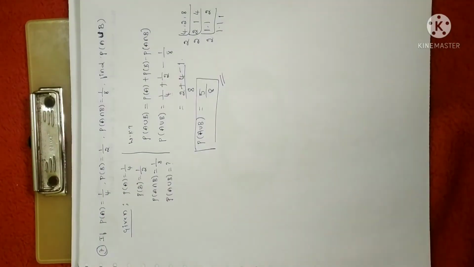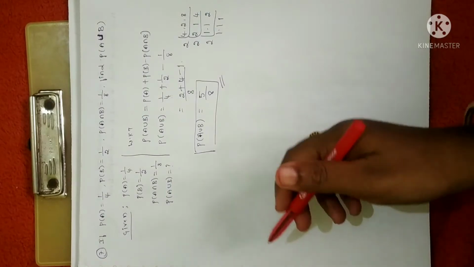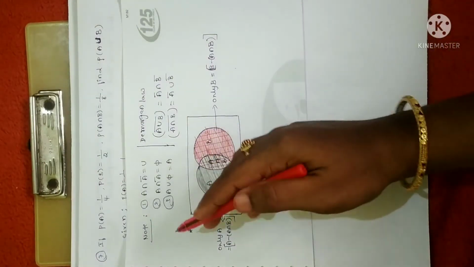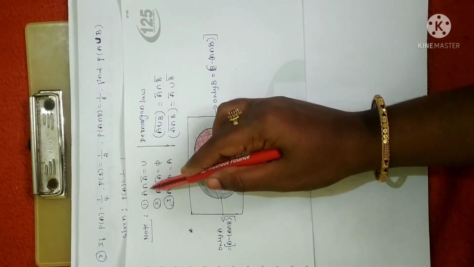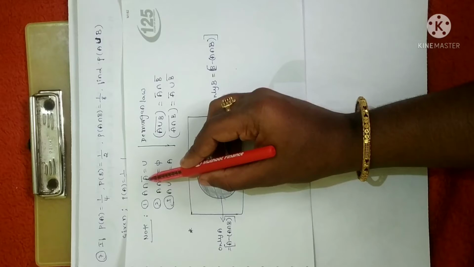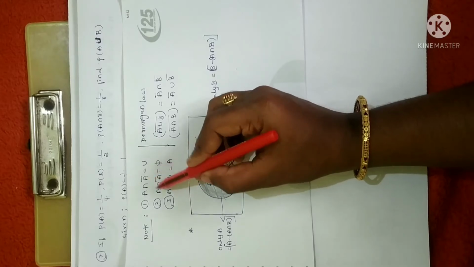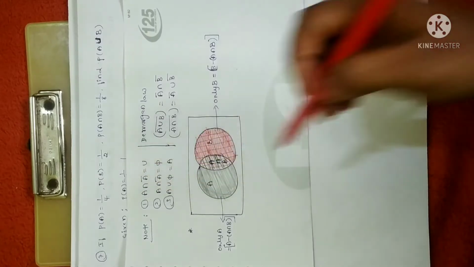Hence the solution. Before going to the next problem, just copy down this note. You have already learned this concept in sets in the first semester, right? This represents A complement or A bar. So A intersection A bar is the null set.